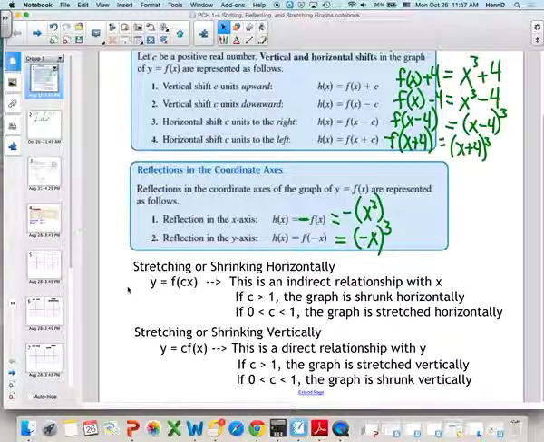If you have 5f of x, it means all your y coordinates are going to be multiplied by 5. However, if you multiply by a fraction, it's going to shrink it vertically. Okay? So if you multiply by a half, the whole thing is going to be half as tall. Alright? Horizontal works the opposite way.